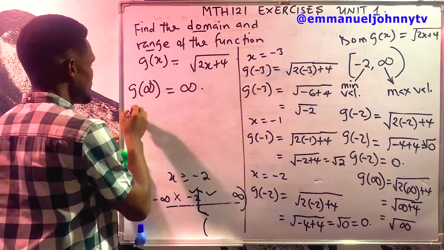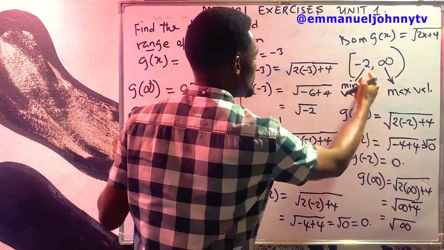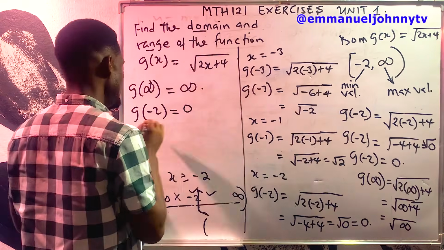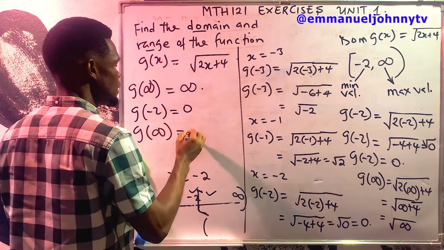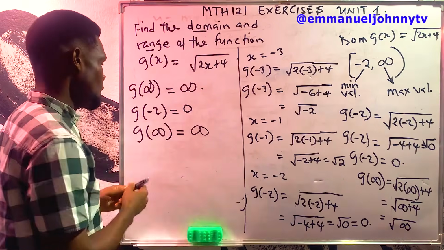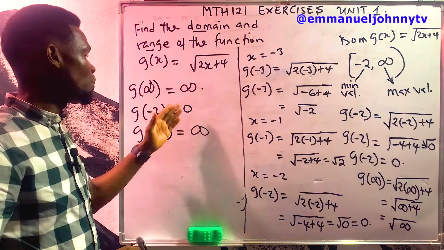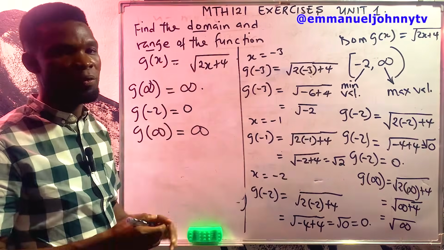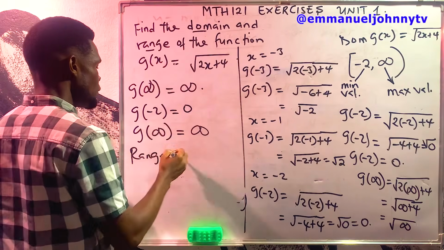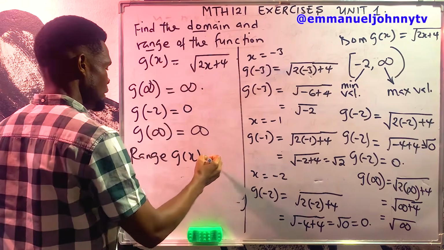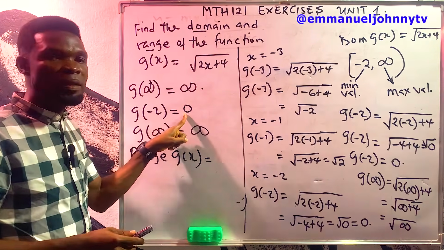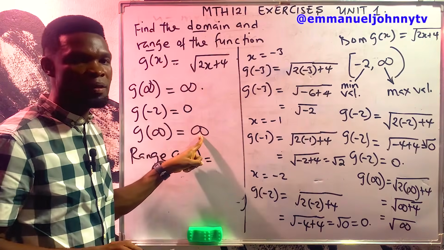Alright, the minimum value, which is minus 2, gave us 0. And then the maximum value, which is infinity, gives us infinity. So it is from here we can now obtain the range of this particular function. So the range of this function g of x is, of course you know it's a root function, from 0 to infinity.